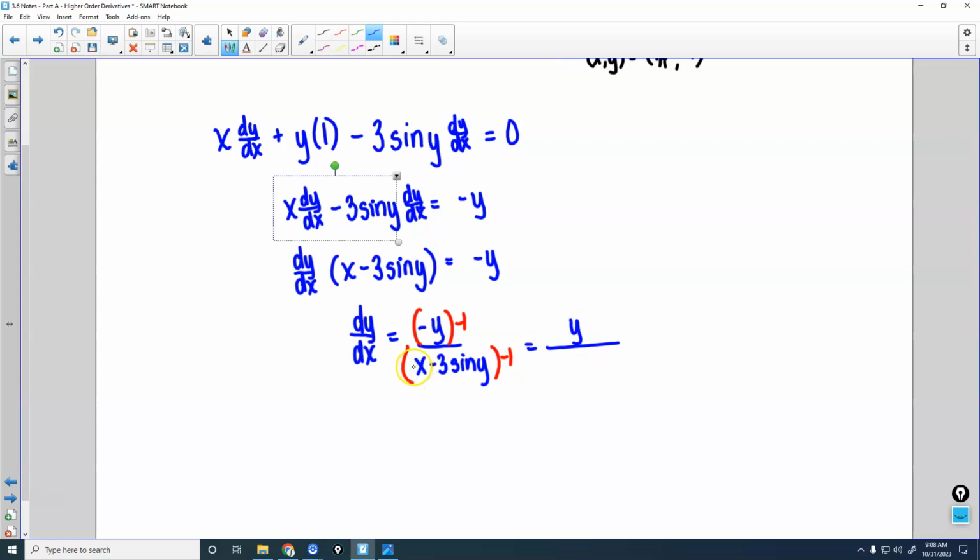And on the bottom, you'll get negative x plus 3 sine y, which you can write like this: y over 3 sine y minus x. You do not, by any means, have to do that. And on a free response, I would probably not, but you might see it on a multiple choice. It does make the next step just a teensy bit easier because you don't have as many negatives to deal with. So you might choose to do that if you want.